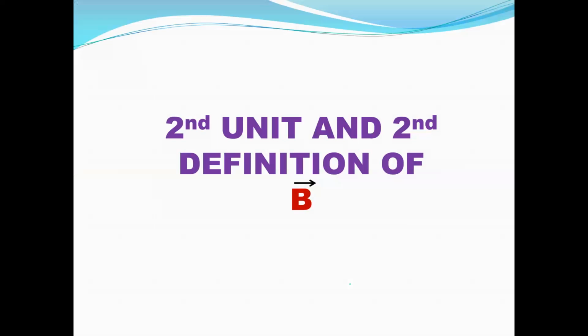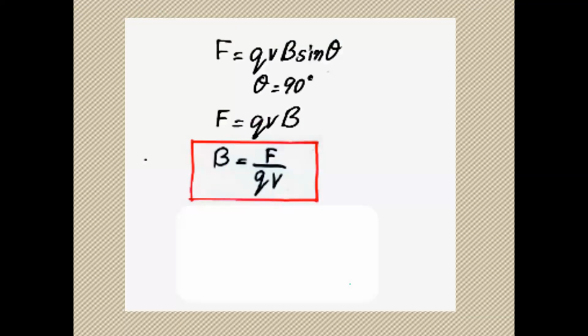Now give a heading: second unit and second definition of B. Formula F is equal to QVB sine theta.